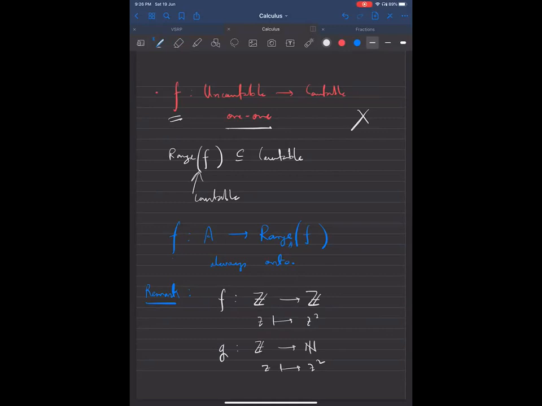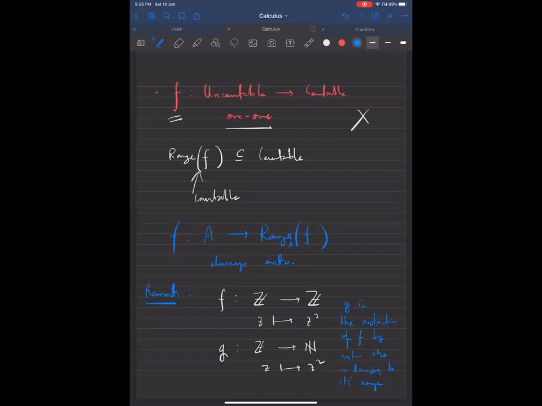They two are not the same functions. g is the restriction of f by restricting the codomain to its range.